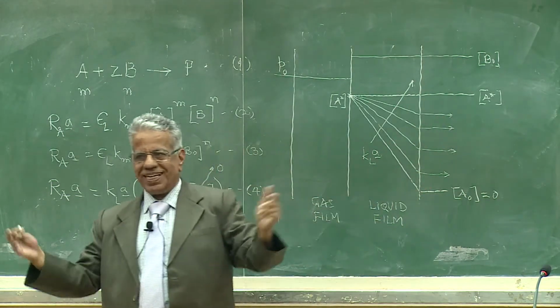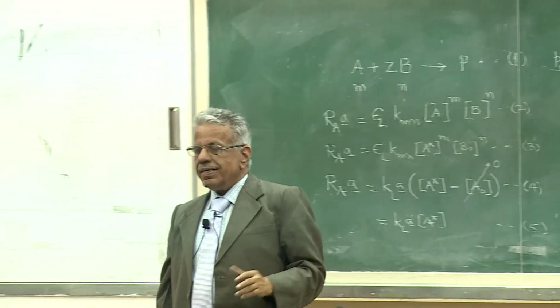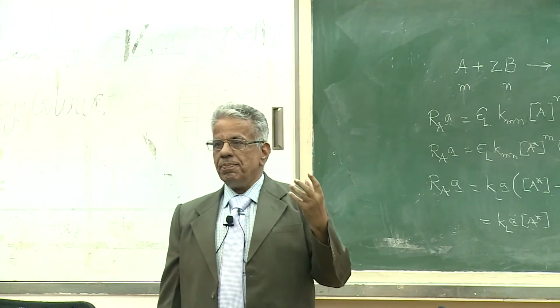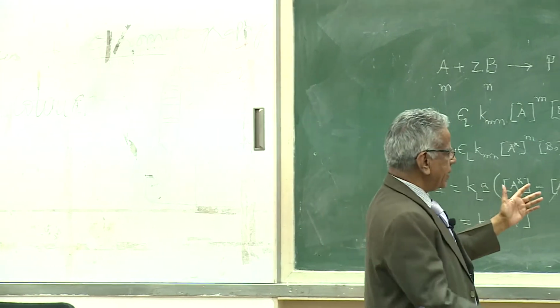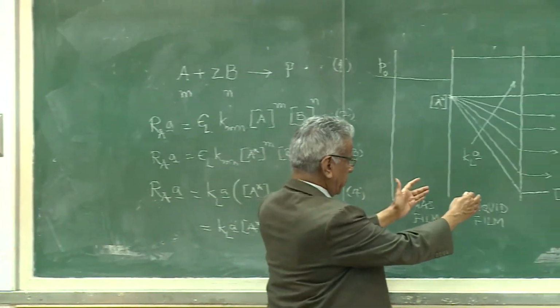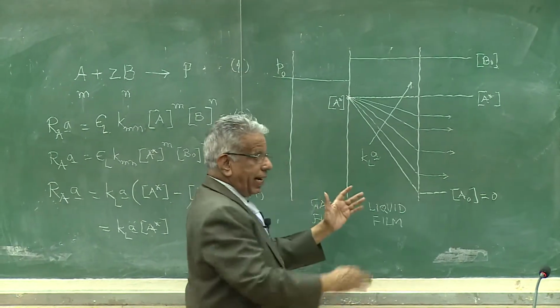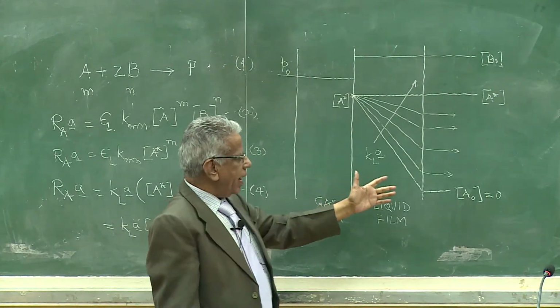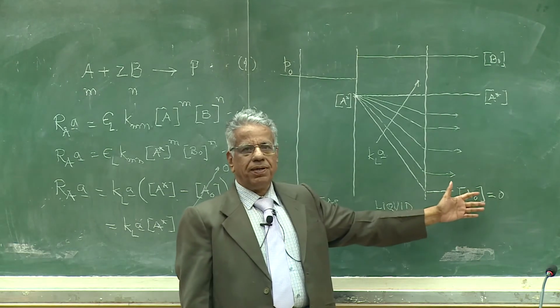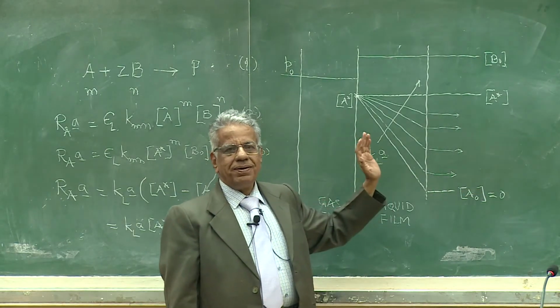Obviously it cannot exceed that. So, when it is completely mass transfer controlled, entire resistance is provided by the liquid film, entire driving force occurs across the film, and liquid phase concentration of solute is 0.